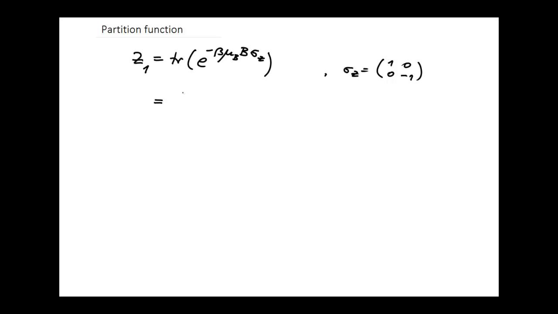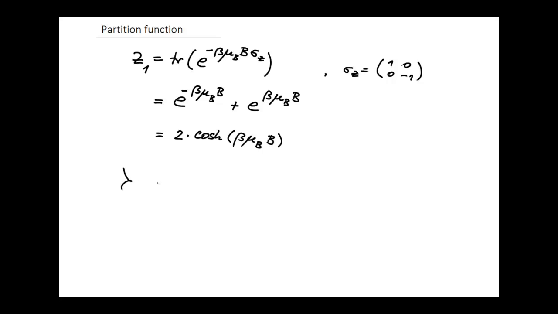So this is equal to e to the minus beta Bohr magneton B plus e to the plus beta Bohr magneton B. And this is equal to 2 times the hyperbolic cosine of beta Bohr magneton times B. This is the partition function of a single spin in your paramagnetic salt, in your lattice.